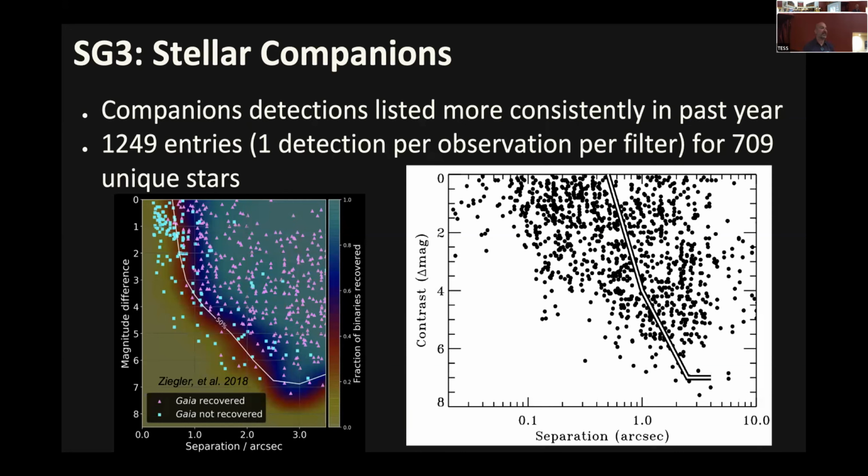And you can see that a significant fraction of the stellar companions that we are finding are well inside the limit of Gaia. And so the combination of Gaia and the high-resolution imaging is super powerful in helping us determine the presence of a stellar companion. And if that object happens to also be detected by Gaia, then we have a real opportunity to get distance and proper motion as well.